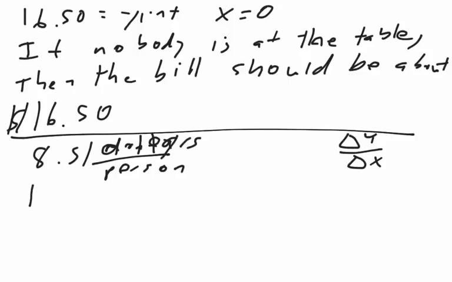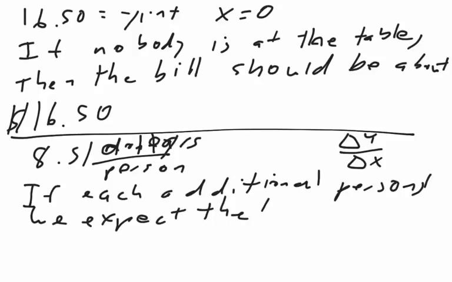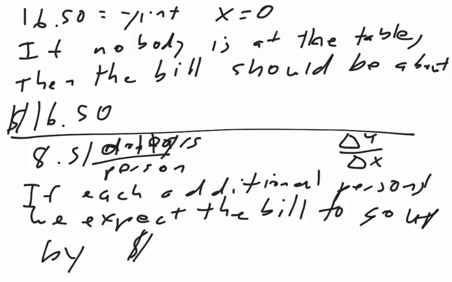So what that means is, for each additional person at the table, we expect the bill to go up by $8.51.